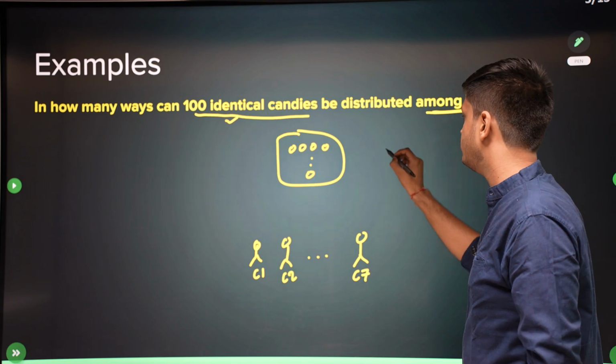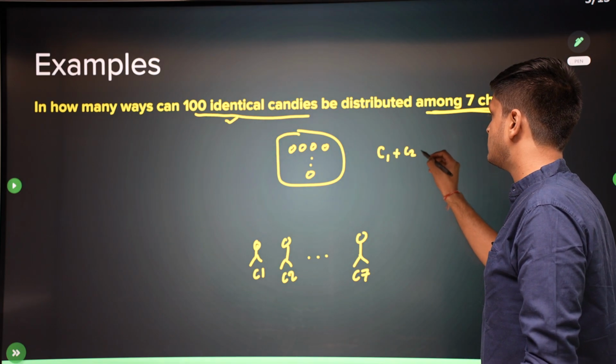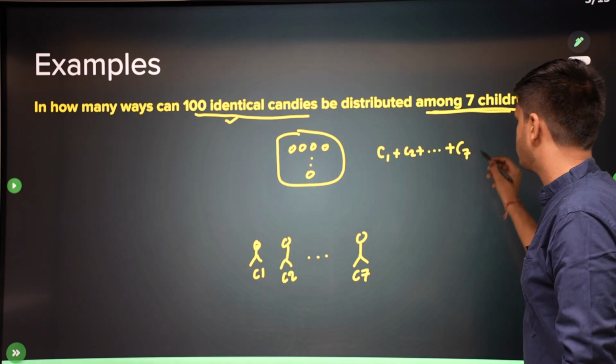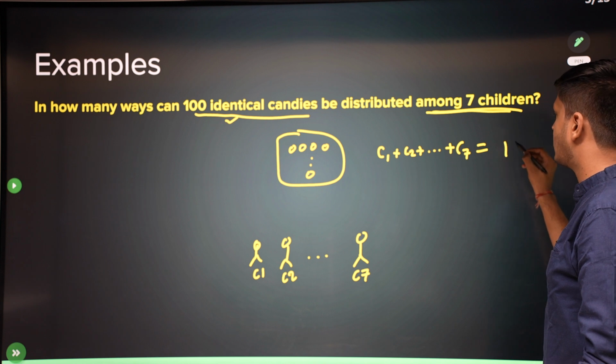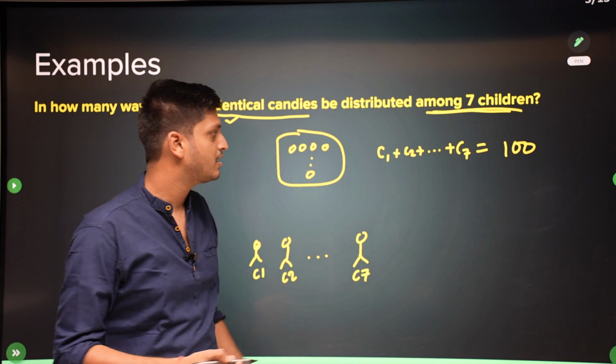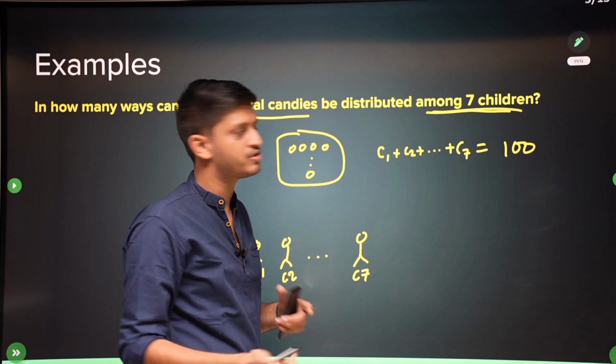So it's the standard problem. Let's say the first child gets C1 candies, C2 candies, and so on. The 7th child gets C7 candies. So you have to distribute a total of 100 candies, right? So you just have to find the number of solutions to this equation, where all C1, C2 up to C7 can be greater than or equal to 0.